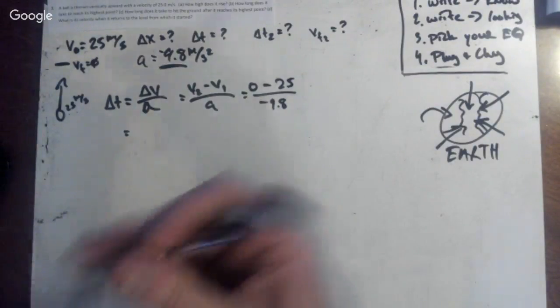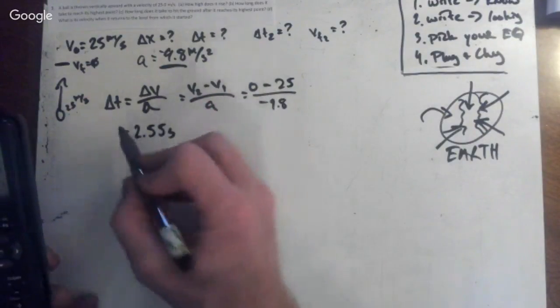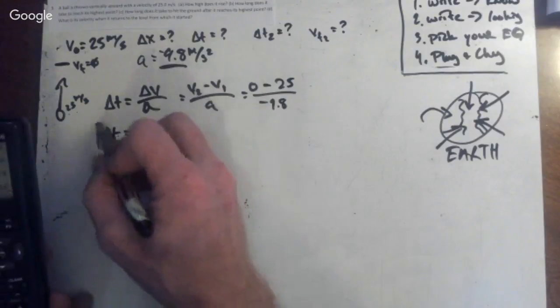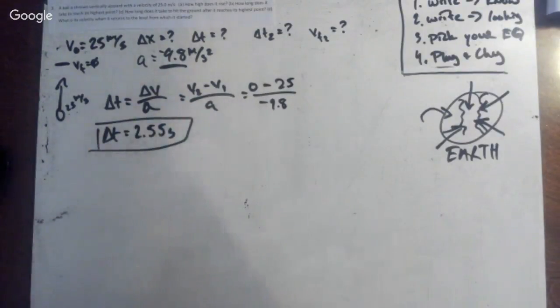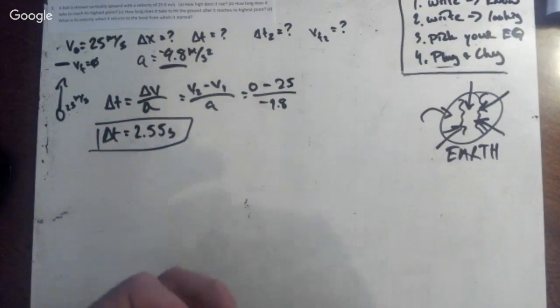And that will guarantee that the time that we calculate is positive, because there is no such thing as negative time. It's one of the few things that we all know about our universe, that time only moves in one direction. Okay, so we have calculated our time using our acceleration equation.